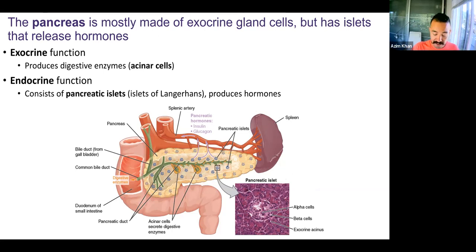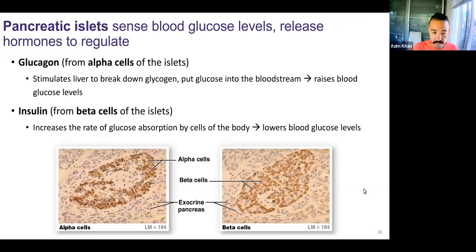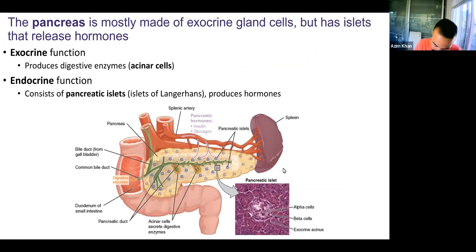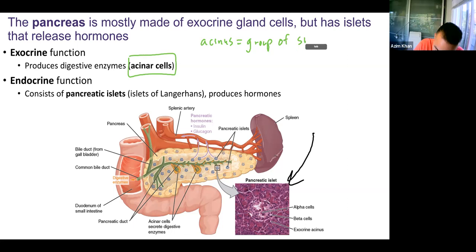Let's look closer at the pancreas. Let me show you down here for a second, and then I'll show you the next slide. The acinar cells: an acinus is a group of simple cuboidal cells arranged in a circle, leading to a duct.